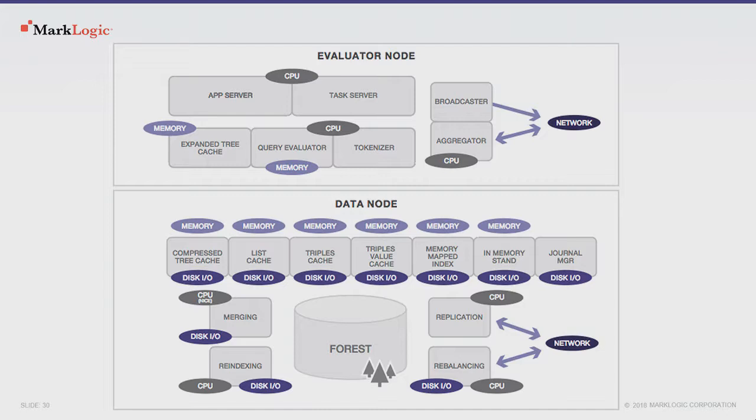But here are the different components inside and the different sorts of system resources they might use. So for the forest, on the data side, you're using memory for the caches, CPU to create the indexes. It just gets you thinking about when you're writing these queries, you're using system resources, and it's all going to come back as we try to determine where bottlenecks are, what resources are in play.